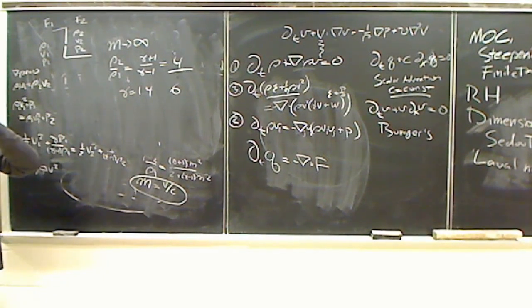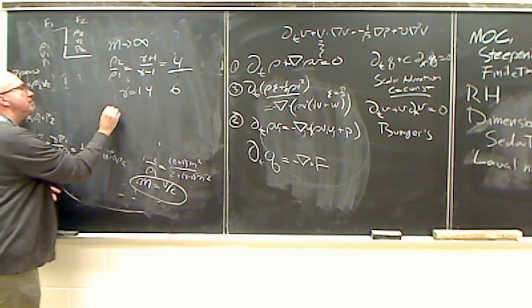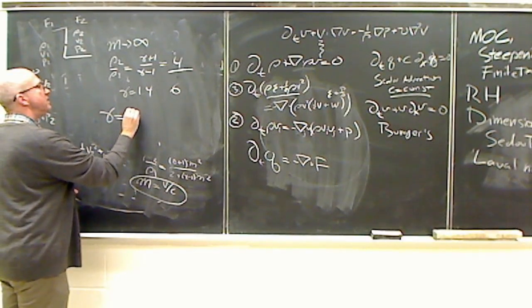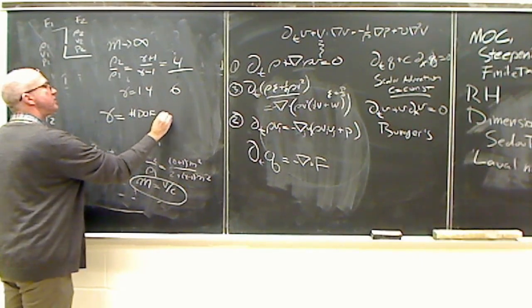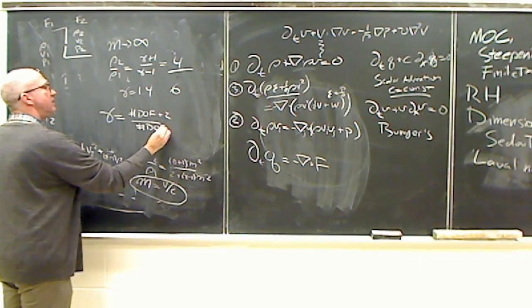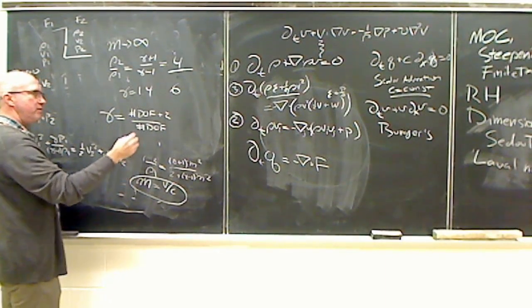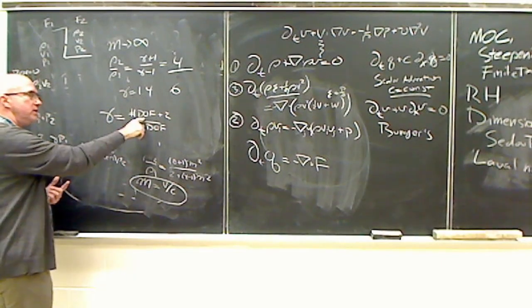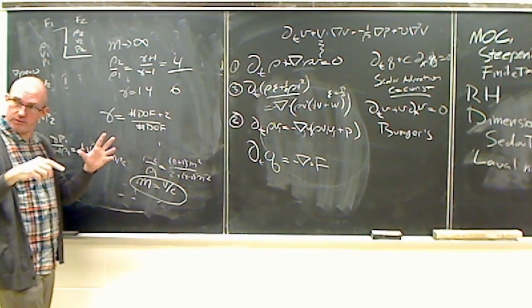So this is, you may have seen this, you may not, but gamma is the number of degrees of freedom plus 2 over the number of degrees of freedom. So if you have a monatomic gas, then the number of degrees of freedom is 3, because it has three position variables.